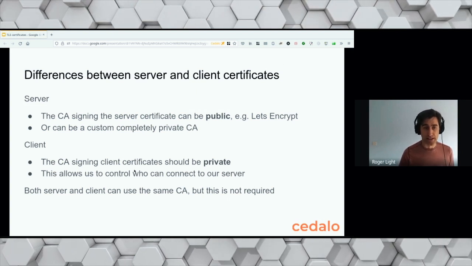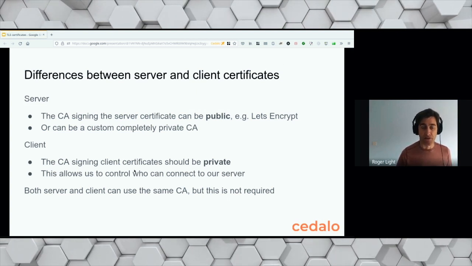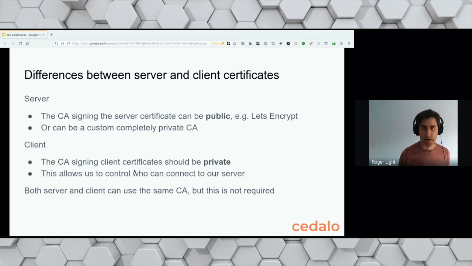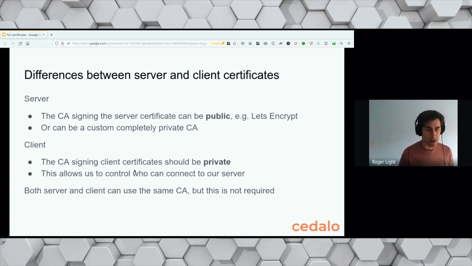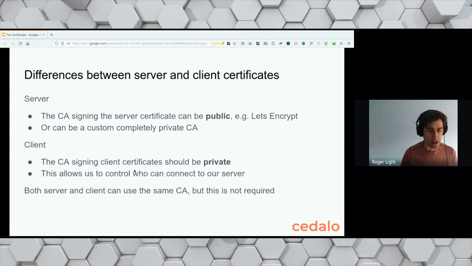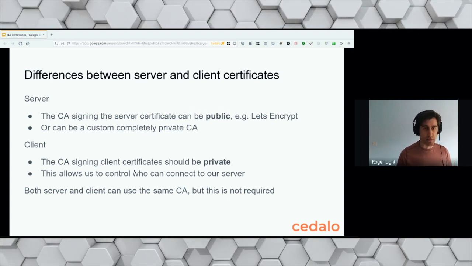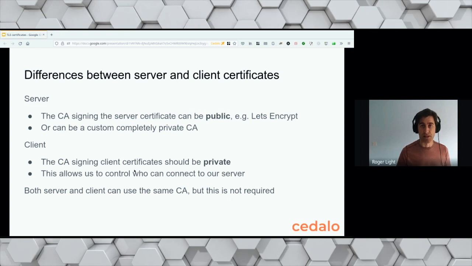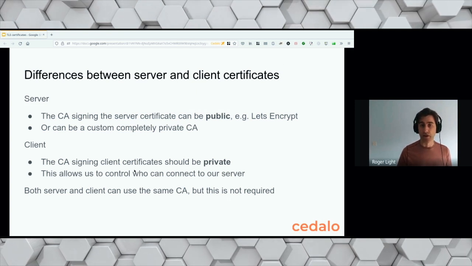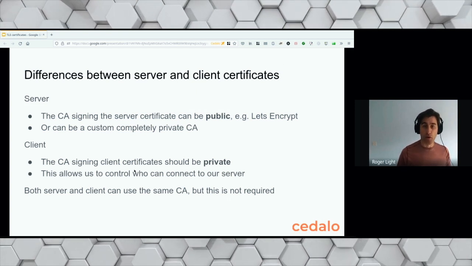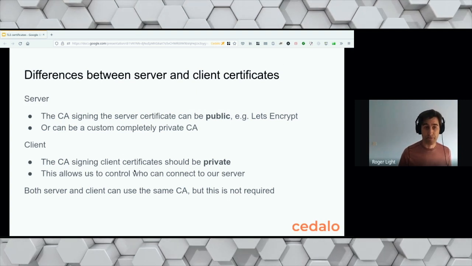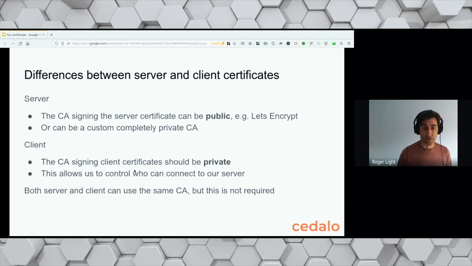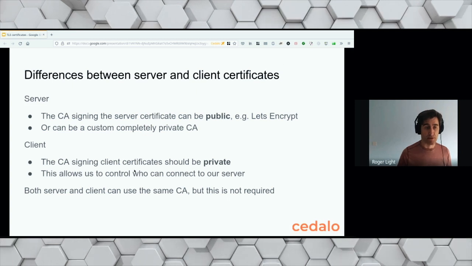If we were letting anybody with a Let's Encrypt certificate connect to our server, then that's basically no point anymore. And the final point, which I have mentioned already, is that both the server and the client can use the same certificate authority, but it's not required. We may want the convenience of having a Let's Encrypt certificate for the server, and then we would have to have a separate CA for the client side.